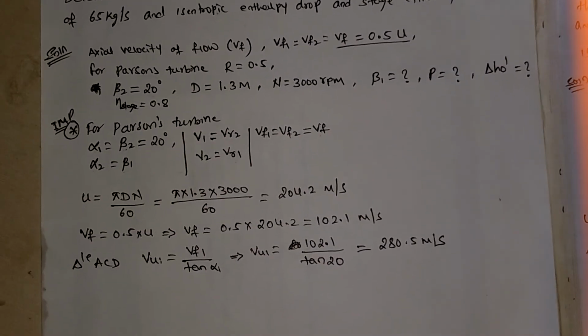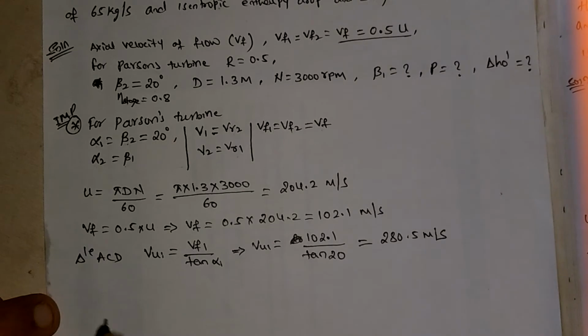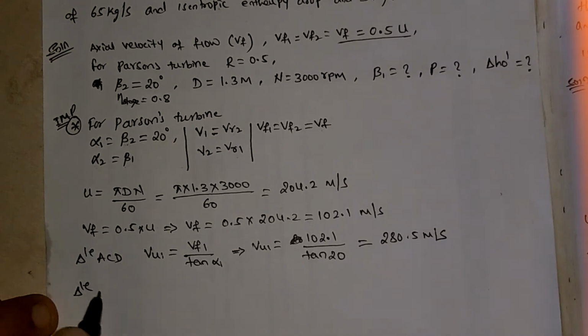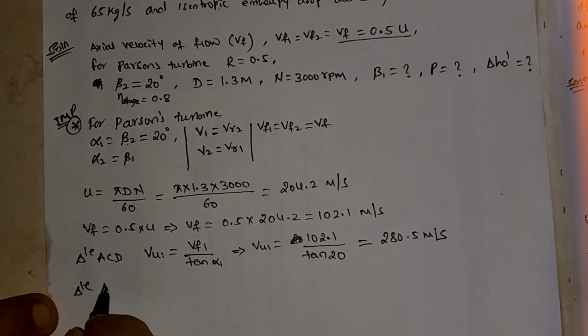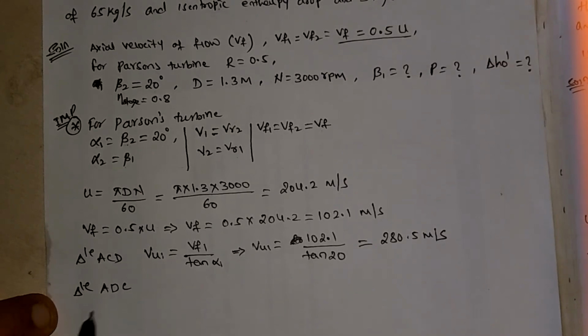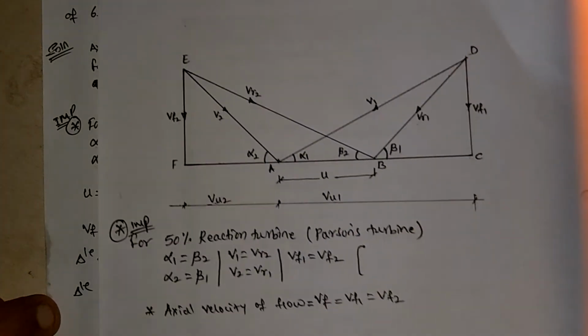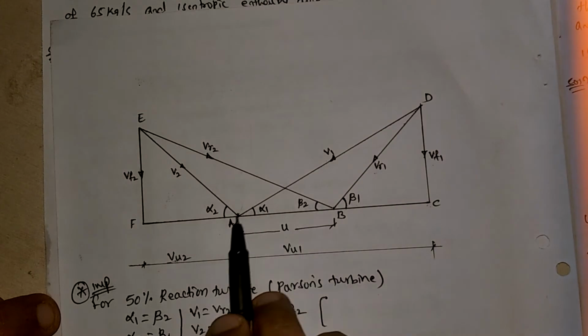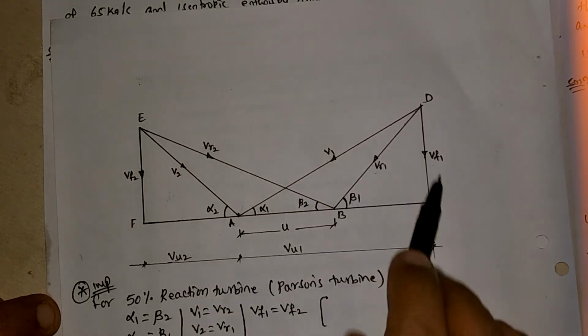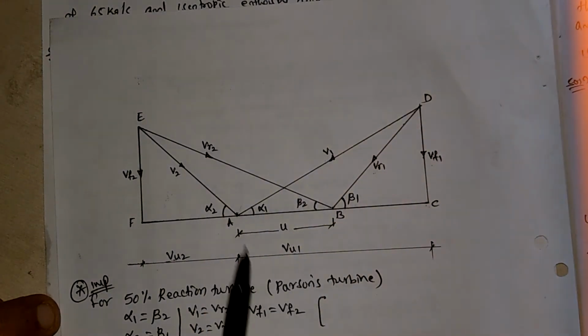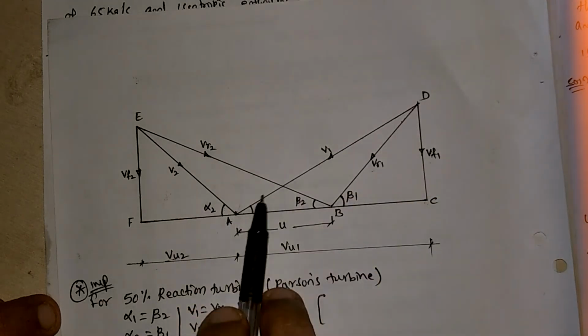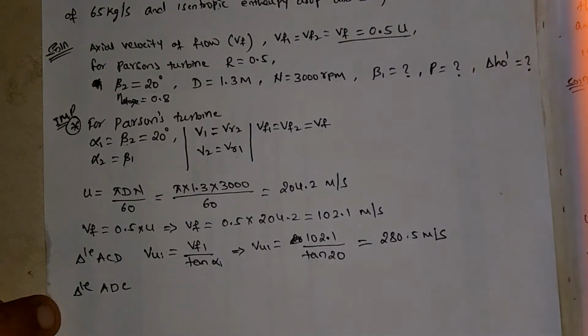Okay, now consider triangle ACD, or ADC, the same triangle. Now consider ACD again, one more triangle here, right? Now we will calculate sine of alpha 1.